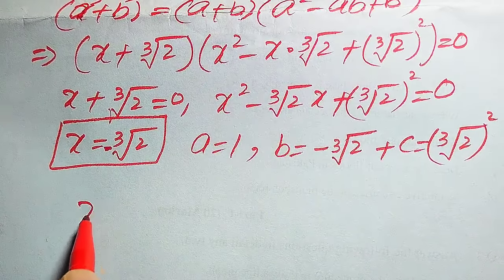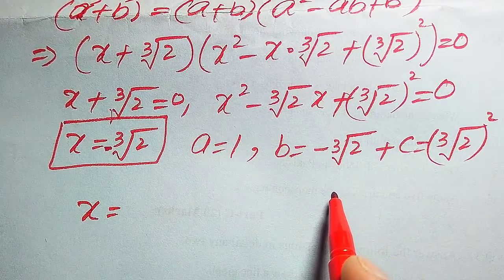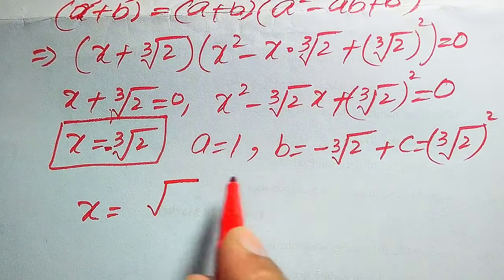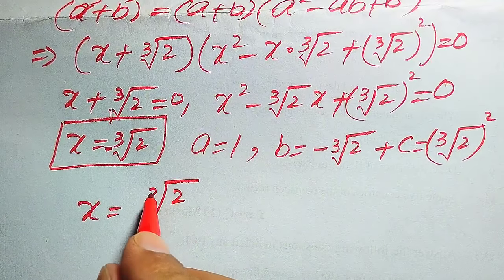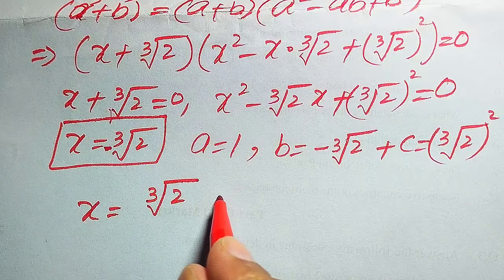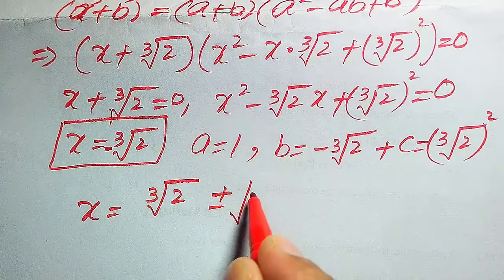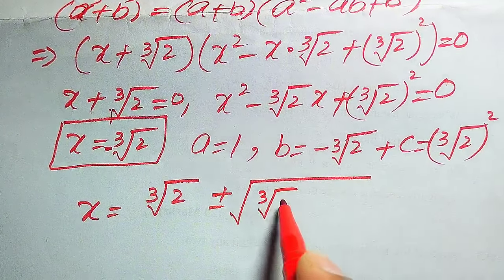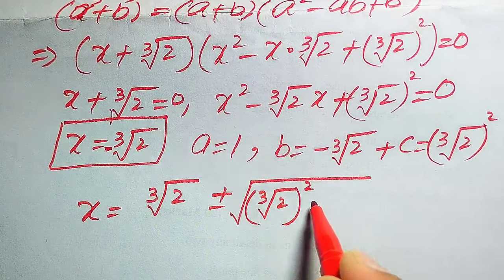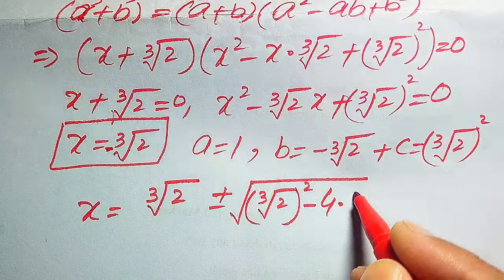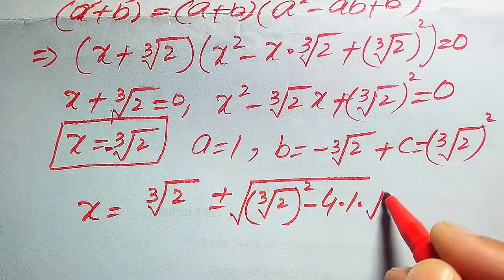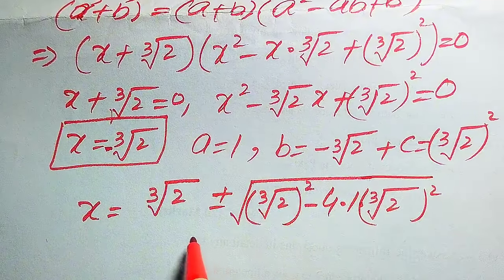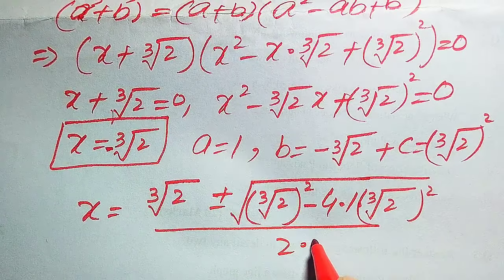So we use the quadratic formula and substitute the values of a, b and c, and it will be written as, first minus b, the value of b is minus cube root of 2, it becomes cube root of 2 plus minus square root of b square. So we have cube root of 2 and its whole square minus 4 times a, which is 1, and c, which is cube root of 2 and its whole square, divided by 2 times a.